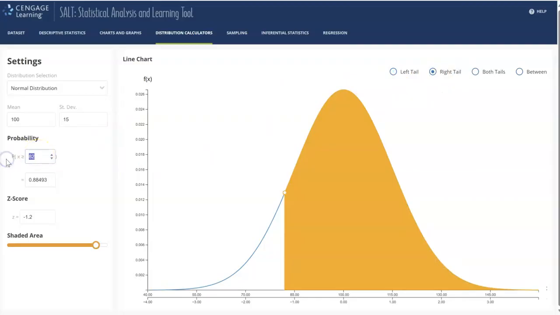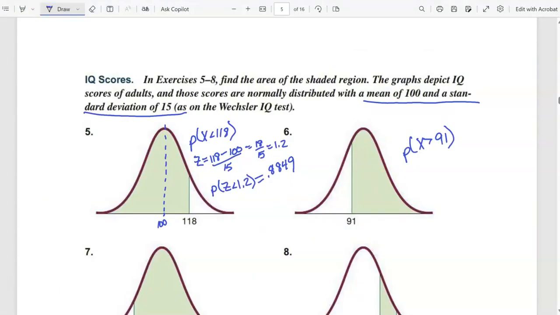And we're looking at greater than 91. And we're going to get out 0.7258. So there's a 72.58% chance.